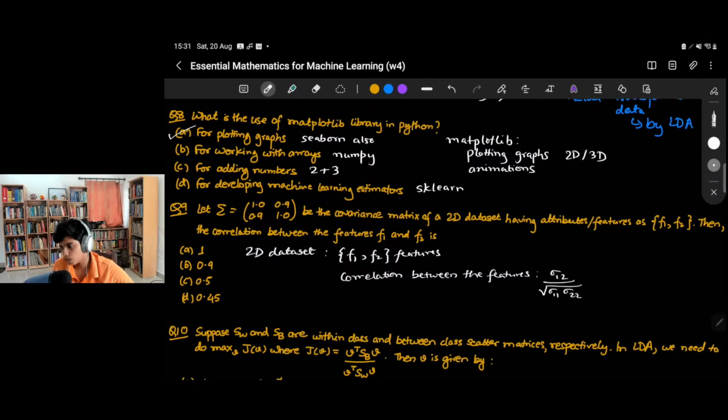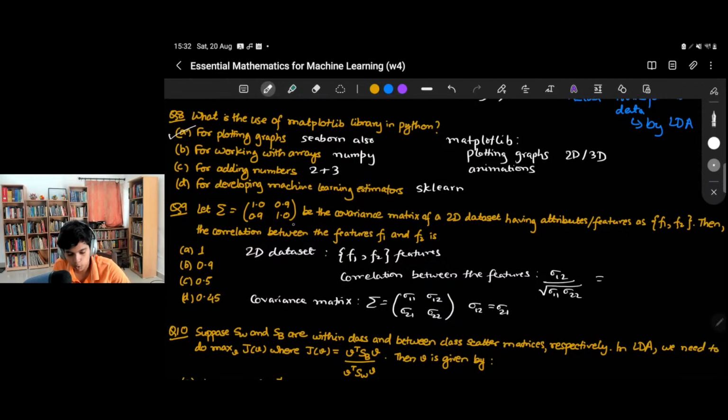Let sigma 1,2 and sigma 1,1 be the elements of the covariance matrix. So you have the covariance matrix, and because the covariance matrix is symmetric, sigma 1,2 is the same thing as sigma 2,1.